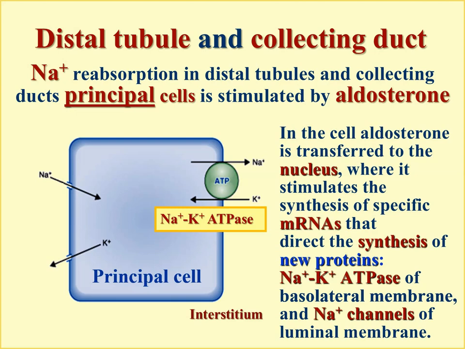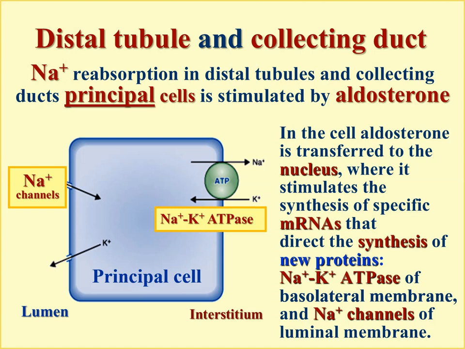So other proteins, in addition to sodium-potassium ATPase, which is the key protein for sodium reabsorption, also form sodium channels in the luminal membrane. These sodium channels allow sodium to enter the cell down the gradient, and then this sodium is pumped by the pump into the interstitial fluid, where it becomes part of the extracellular fluid and becomes evenly distributed between the interstitial fluid and blood plasma.